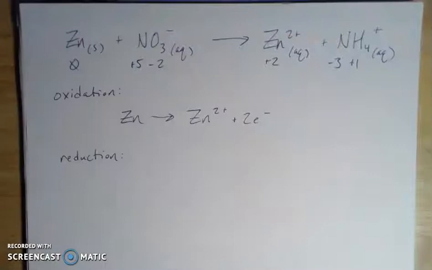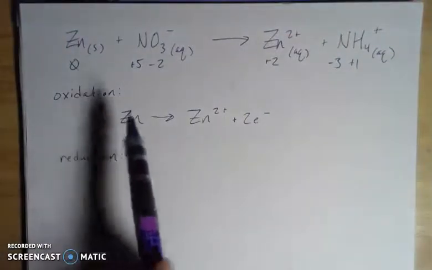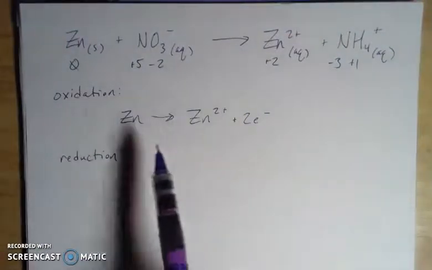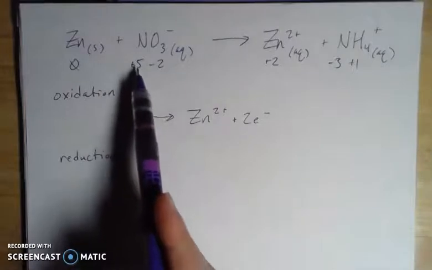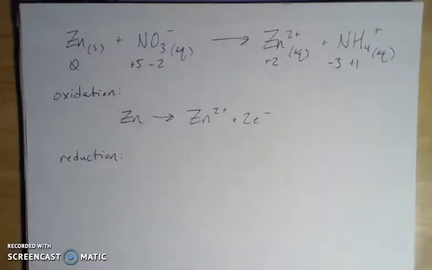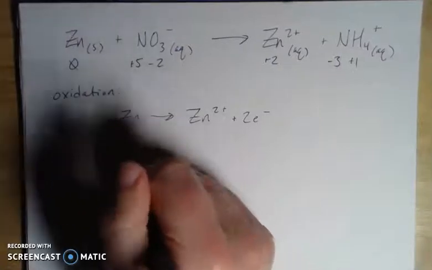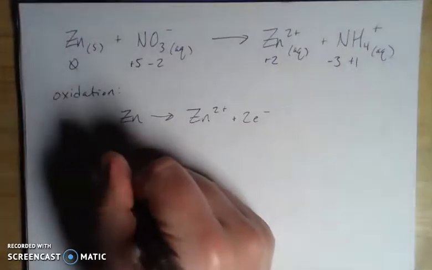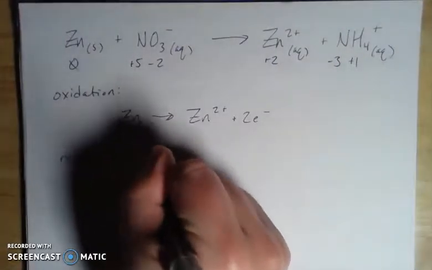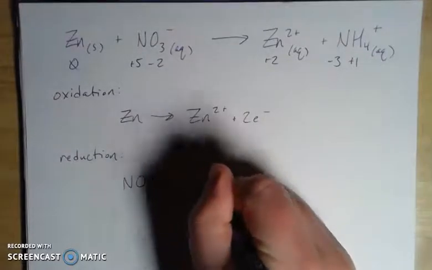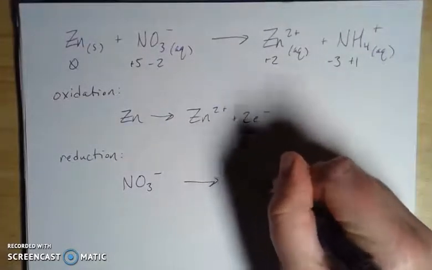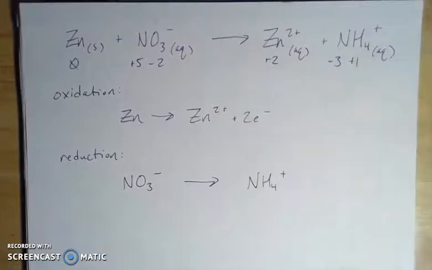All right, if we're going to the reduction, then we need to ask what's going on here. It looks like my nitrogen is going from a +5 to a -3. So it must be reduced, right? My number goes down. So I'm going to keep the entire species that it gives me, and it goes to the entire species here that it gives me.